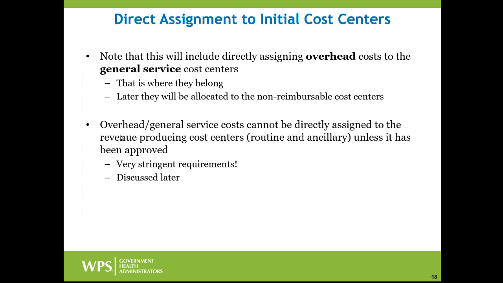The important point here, though, is that these overhead and general service costs cannot be assigned directly to the revenue-producing cost centers, the routine and ancillary cost centers, unless that method has been approved. I will say, even before we get to it, out of all the approvals that we talk about, the stat changes, the unique cost centers, the simplified method, the direct cost assignment has the most stringent requirements, and we're going to discuss this quite a bit later.